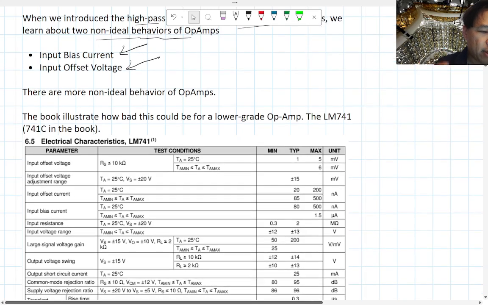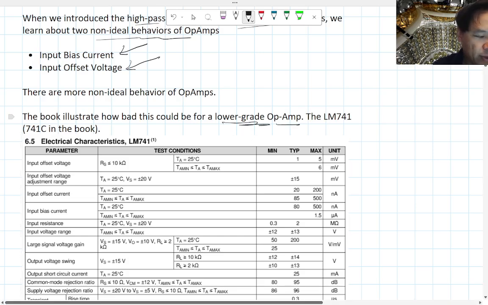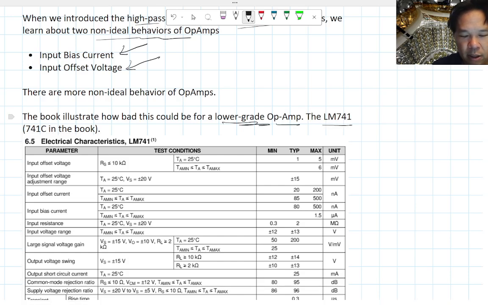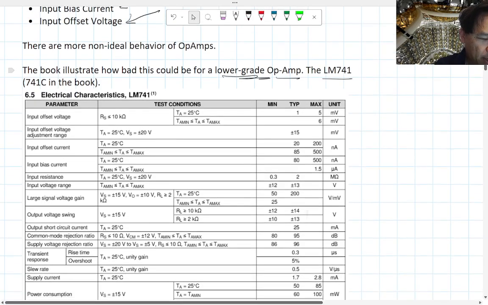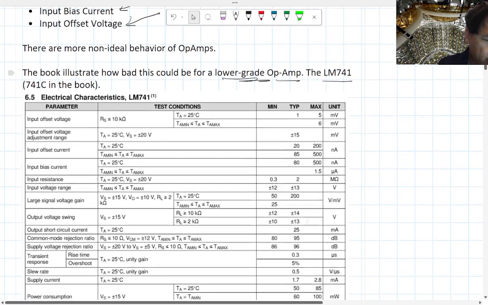There are more non-ideal behaviors of the op amps, but the book brings up an interesting example of a lower grade op amp, which we don't have in our lab. It's the LM741, and this op amp has a very large input bias current.